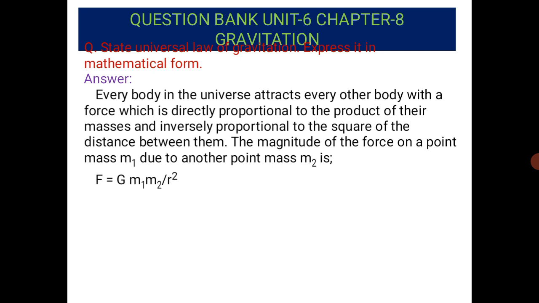This constant is denoted by the symbol capital G. This is the proportionality constant when two massive objects are separated by a distance. The force is directly proportional to the product of their masses and inversely proportional to the square of the distance, and that proportionality constant is G and it is called the gravitational constant.